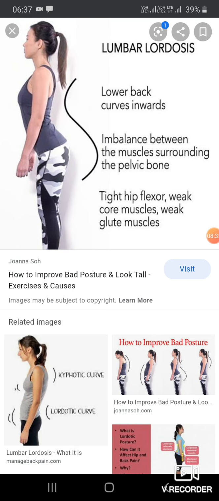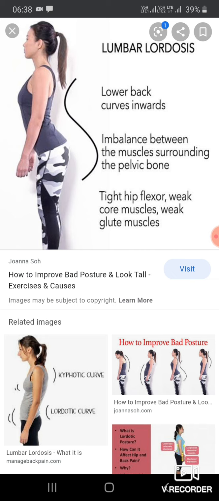Okay, now we have to discuss about lordosis. Lordosis is a lower back deformity, lumbar lordosis, we have to say that. Okay, you have to see in this picture your lower limb goes outward.